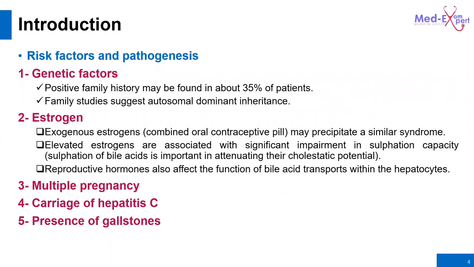What are the risk factors of this condition? The exact etiology of obstetric cholestasis is not well understood, but there are some risk factors, maybe some genetic factors, as it was found that there is a positive family history in 35% of patients. So if a pregnant lady has a sister, for example, who experienced obstetric cholestasis, she may be at risk of also developing this condition.